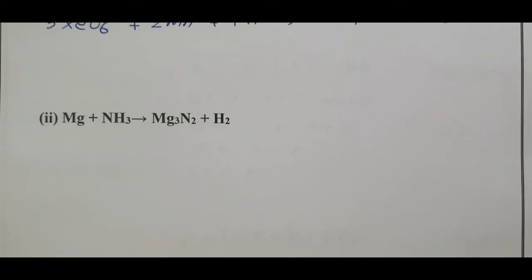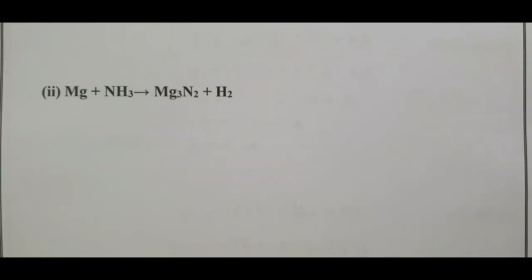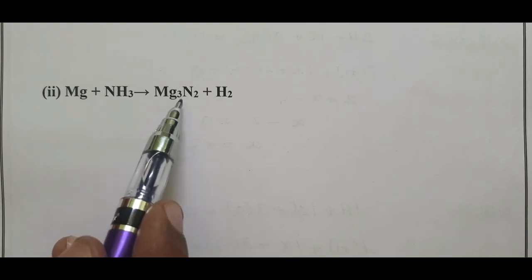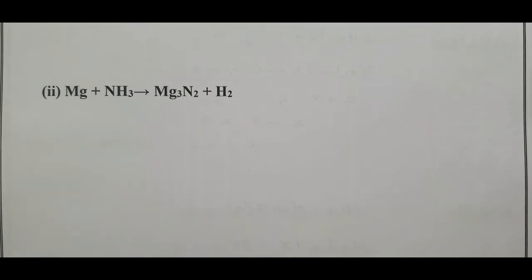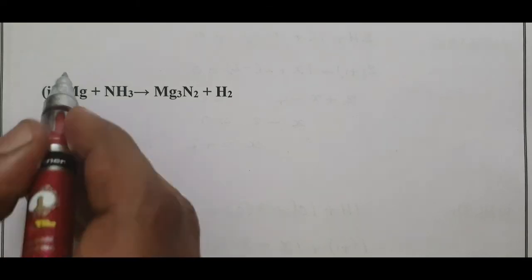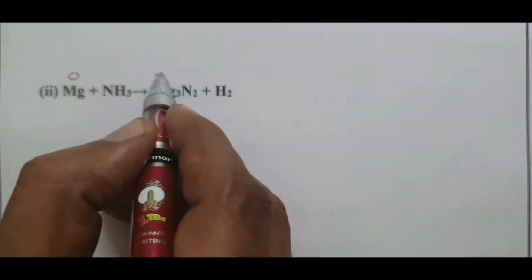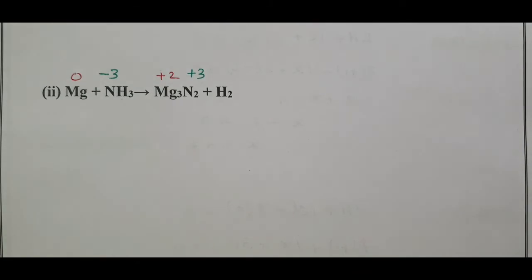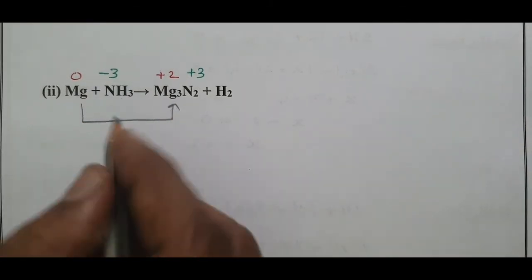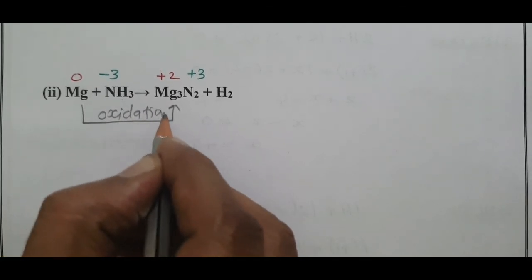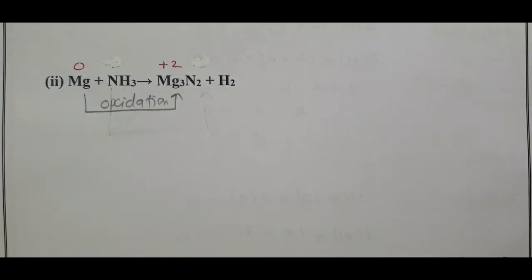Come to the second equation. Magnesium plus ammonia gives magnesium nitride plus liberation of H2. The element in free state has oxidation state equal to 0. Magnesium oxidation state becomes +2. When you move from left to right, magnesium oxidation state increases. Therefore, it is called oxidation. How many electrons are involved? 2 electrons are involved.